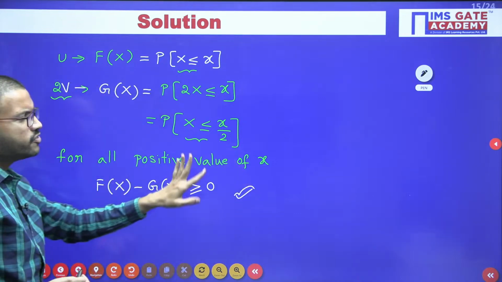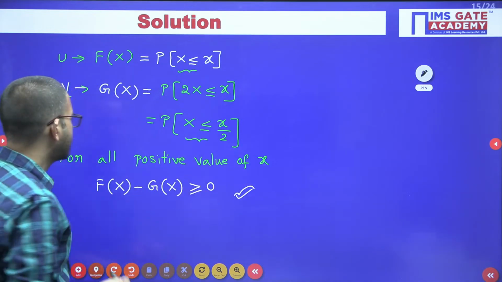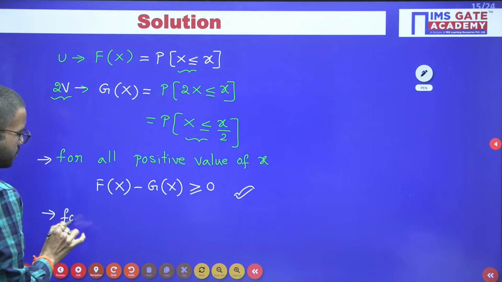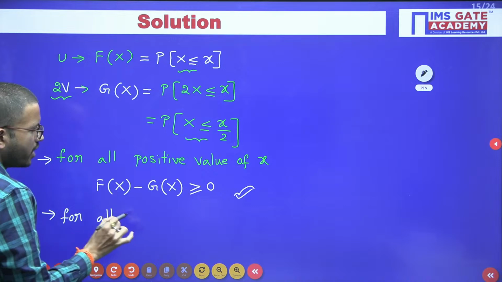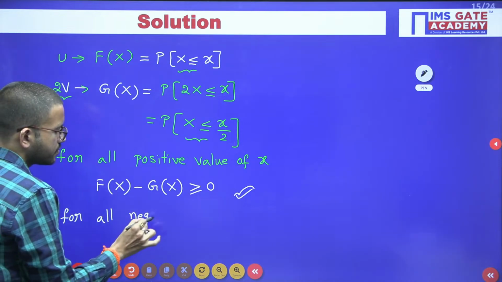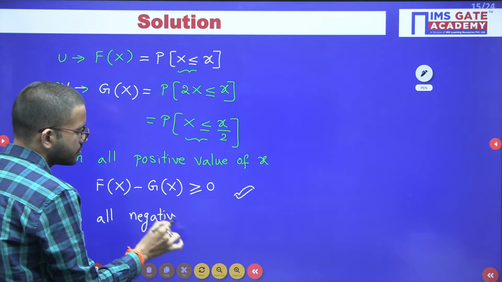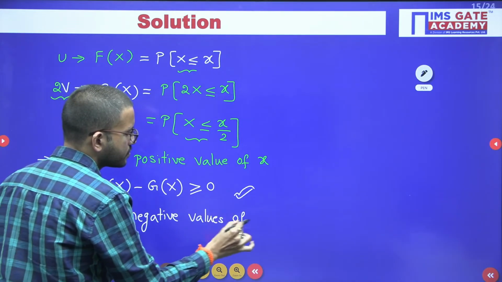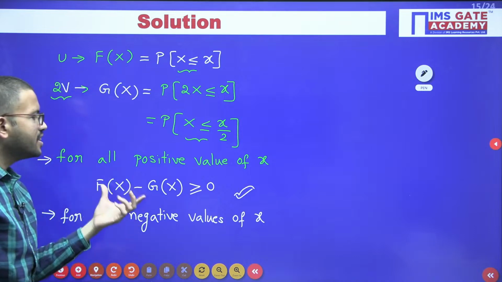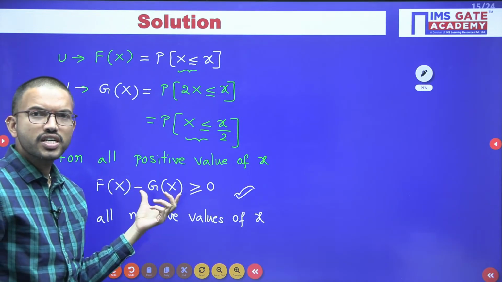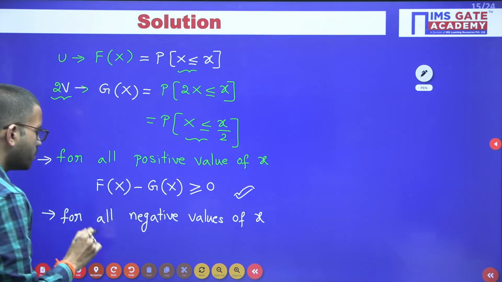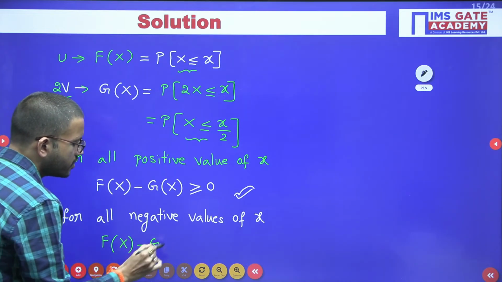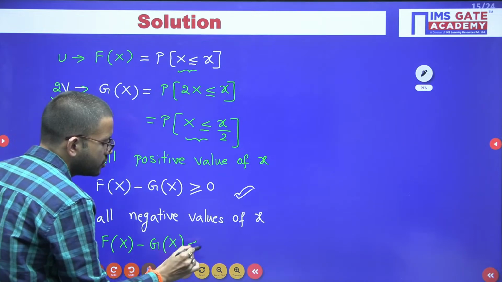Now, suppose you consider x values negative, for all negative values of x. In that case, the relation we considered will become the opposite. So f of x minus g of x is going to be less than 0.